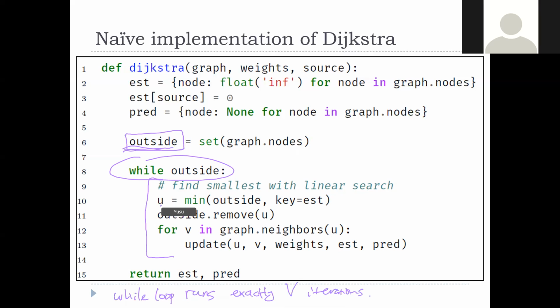In particular, each node will be removed and processed exactly once. The node is removed from the outside once, and that's when we also explore its neighbors. So the while loop runs in V iterations.